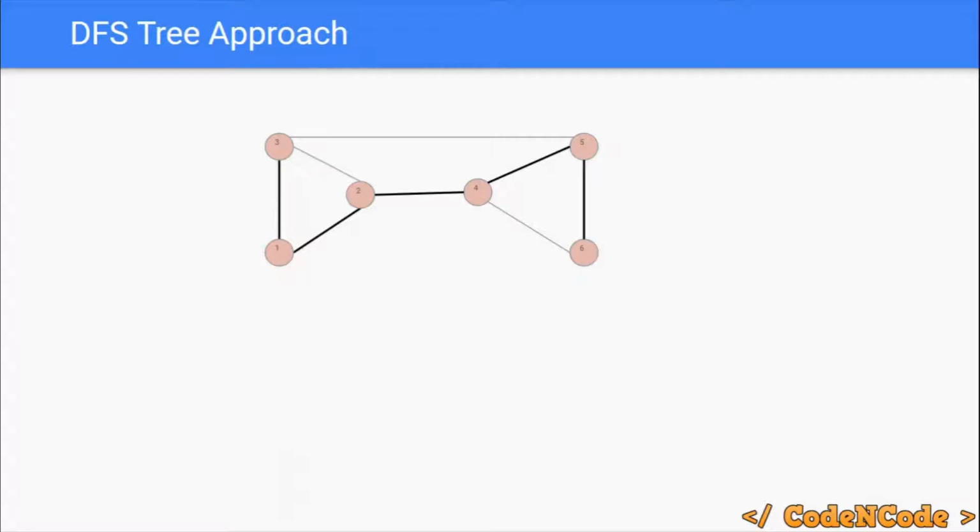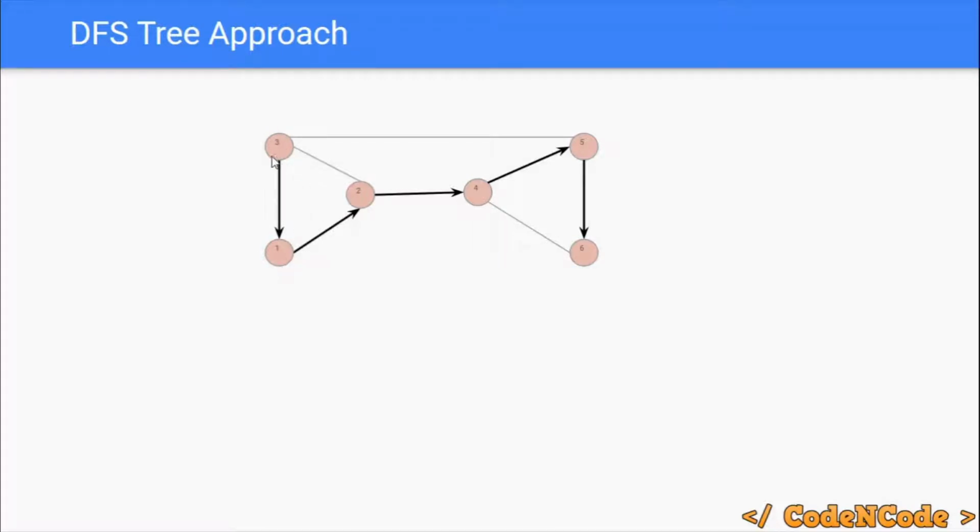There are many properties of this tree, and I'll be talking about the properties later, but what we can do is orient the forward edges that we have found from parent to child.